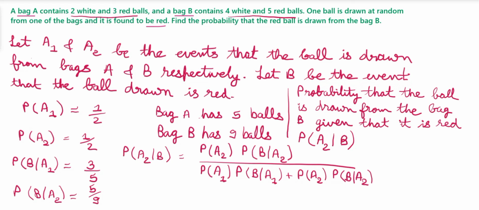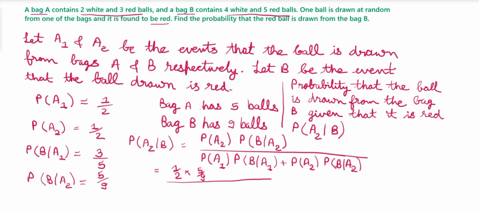All of these we have already found. P of A2 is 1 by 2. P of B given that A2 is 5 by 9. P of A1 is 1 by 2. And P of B given that A1 is 3 by 5.